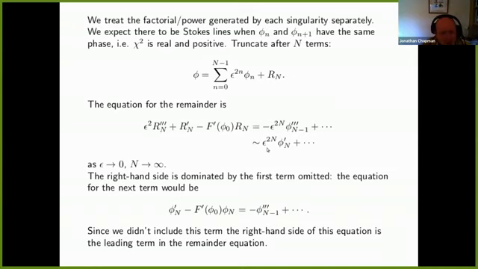The easiest way I find to work out what I should put on the right-hand side is that if I hadn't truncated, then the next term in the expansion would be phi capital N. So R_N should look like phi capital N if I hadn't truncated. I just put phi capital N into wherever R_N is here, and that tells me what I should get: epsilon to the 2n times phi capital N prime. There would be this term as well, but this is lower order as n tends to infinity because I get a factor of n when I differentiate.